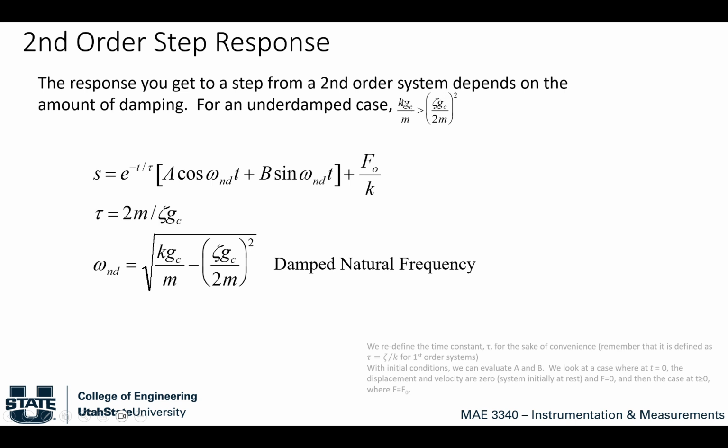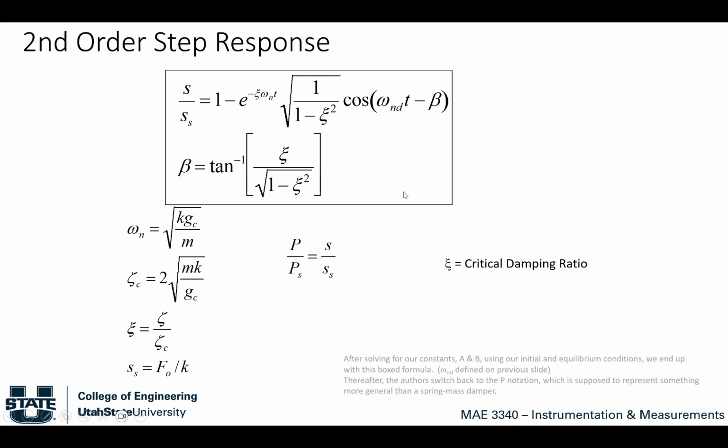So you see the difference here is we've got our spring. We need to make sure that our spring constant is greater than our damping coefficient divided by 2 and then squared. So for it to be underdamped, this has to be true. So our critical damping ratio we have here, we've talked about that in the last video.